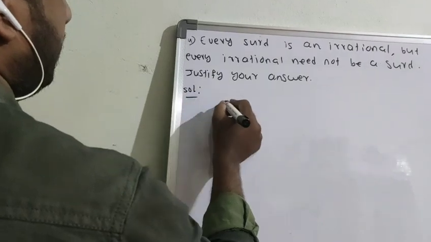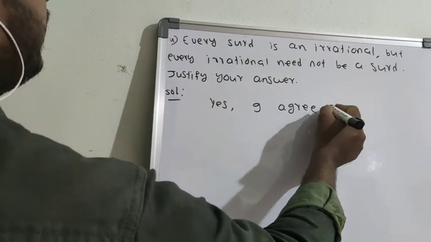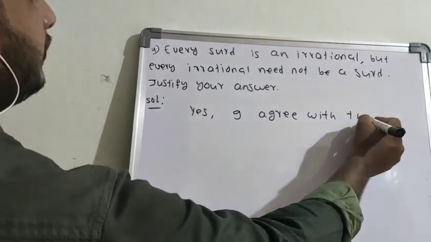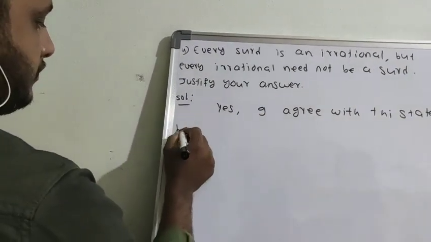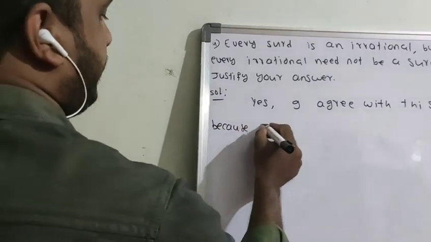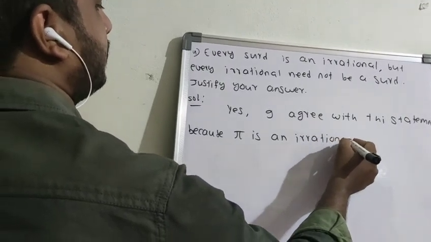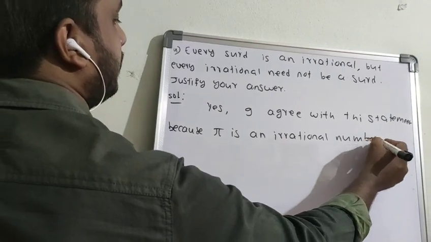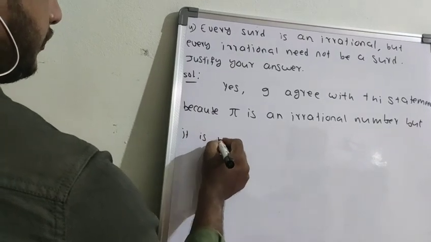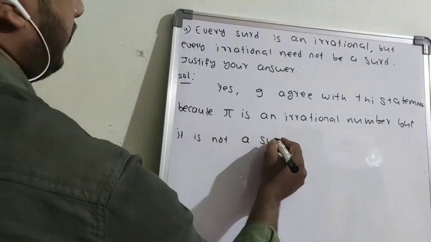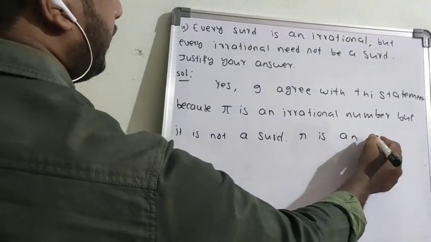Solution. Yes, I agree with this statement because pi is an irrational number, but it is not a surd. So pi is an approximate value.